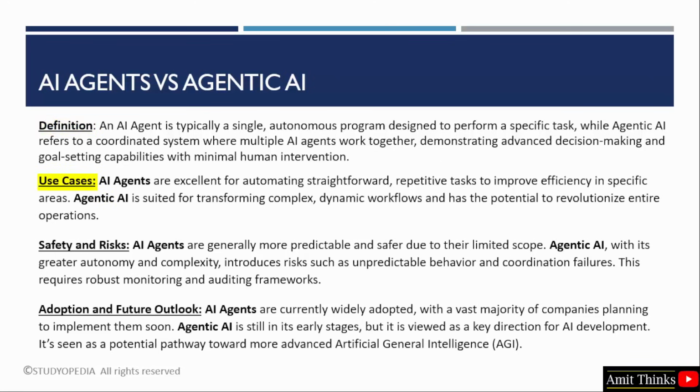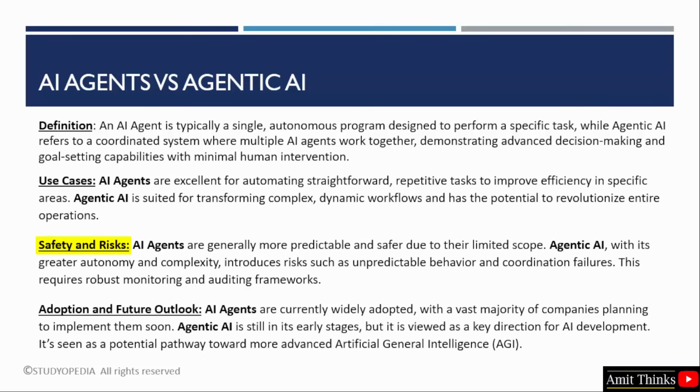Use cases: AI agents excel at automating repetitive, rule-based processes, boosting efficiency in targeted areas, whereas Agentic AI is designed to handle complex, evolving workflows with the potential to reshape entire operations and industries. The third one, safety and risk.